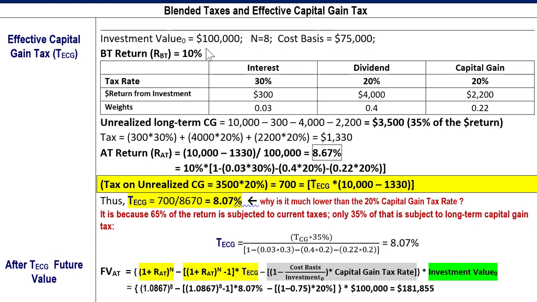Now we expect that this investment, the current value $100,000, is going to grow 10% a year. So in other words, it's going to generate value of about $10,000 per year for the next 8 years.